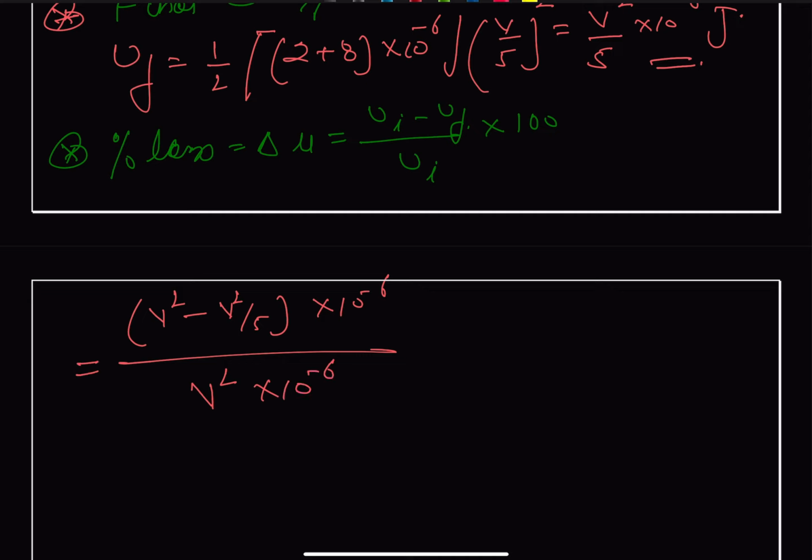V square we can take common, so this comes as 5 minus 1 divided by 5, and V square and 10 to the power minus 6 cancel out. Multiplied by 100, this will be equal to 4 by 5 multiplied by 100, which comes as 80%.